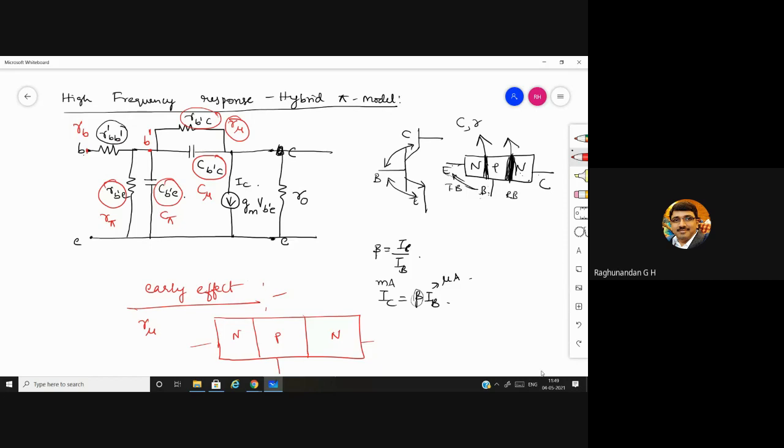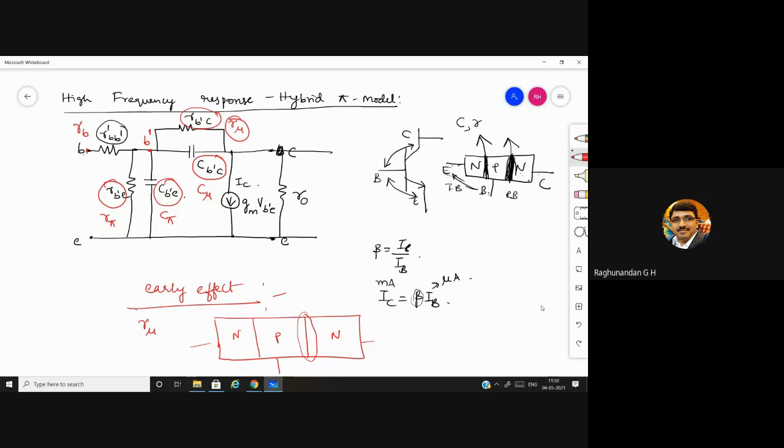See, whenever you reverse bias the output circuit, what happens? I've just taken an example without considering any particular configuration.